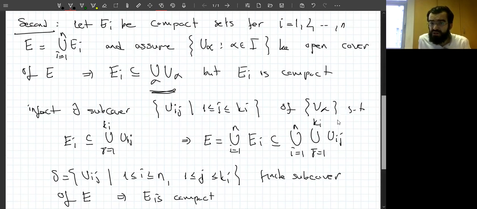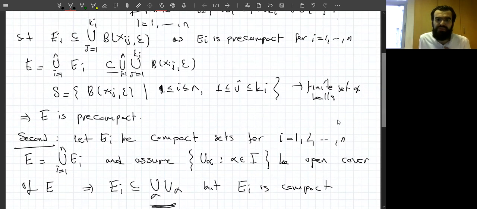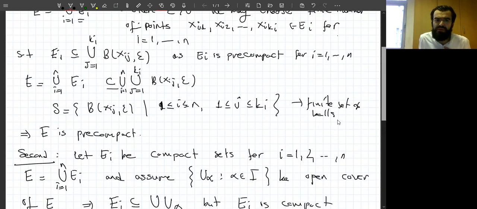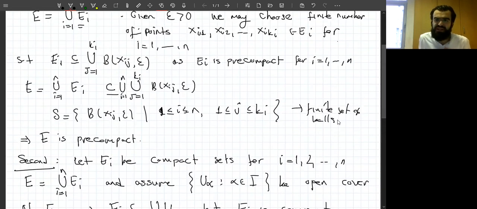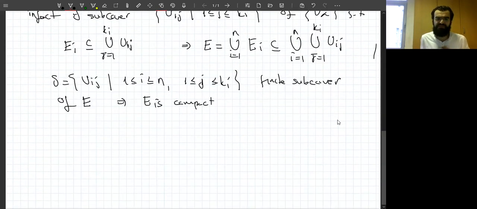So, from the beginning, it's a finite set, very compact. Okay. We are done. Do you have any questions about this one? No.